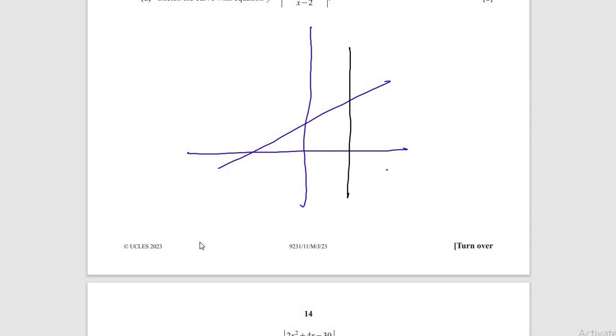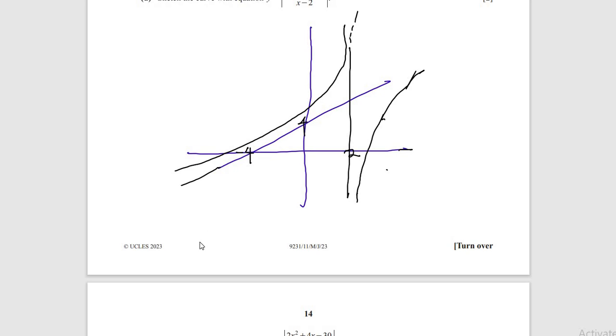That one occurs at 2. Here is 4, minus 4. Sketch a graph like this. And if you remember, we sketch this one passing through 5 and go like this. Never touch the asymptote.